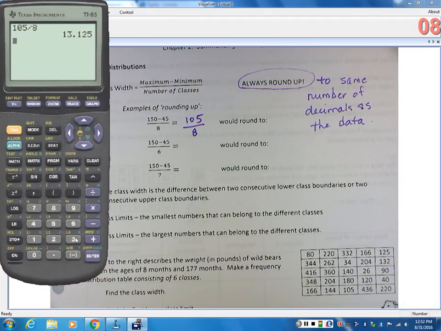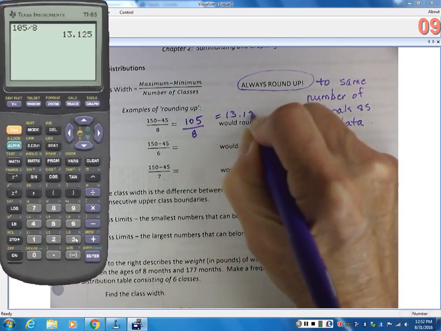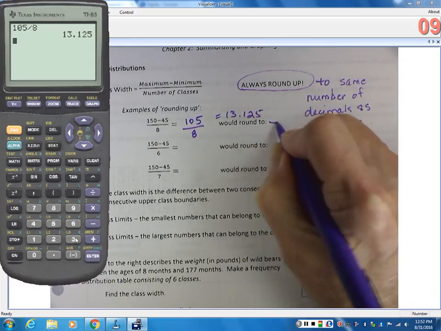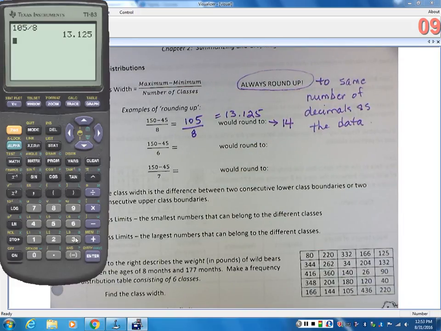And we get 13.125. Which would round to 14, assuming that the data was integer values.